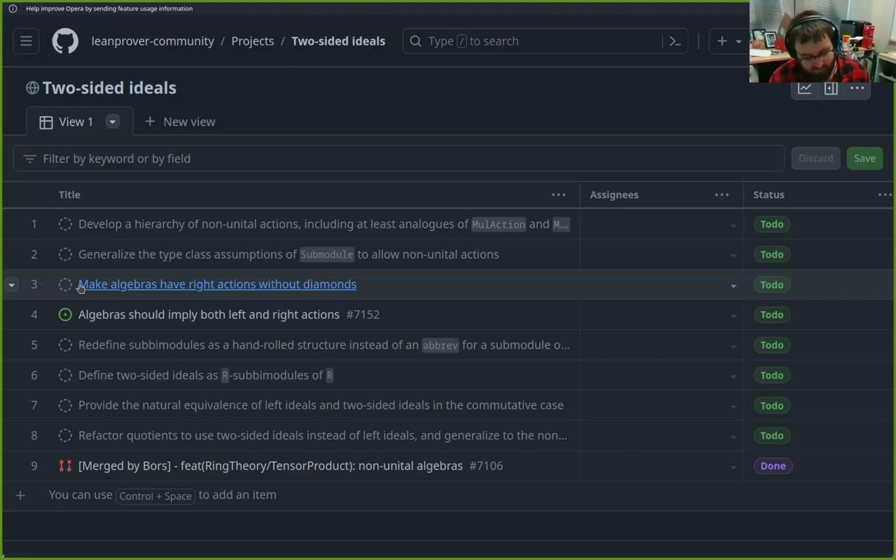Yes, indeed. And then we would perhaps need some tactic that just generated all the right action lemmas from the left action lemmas. I mean, the problem right now is just that you get diamonds unless you add a bunch of new fields to all these structures. That's the issue.